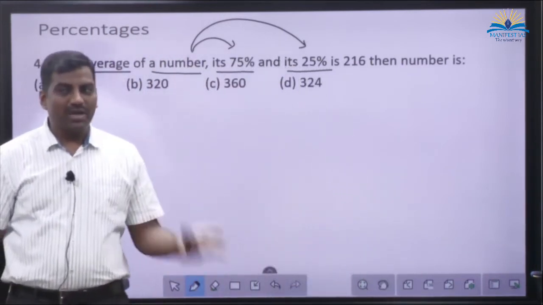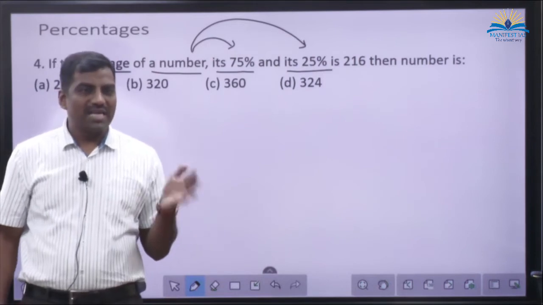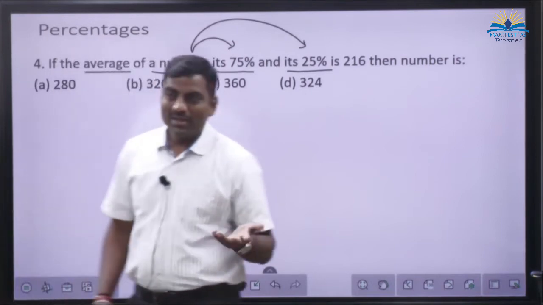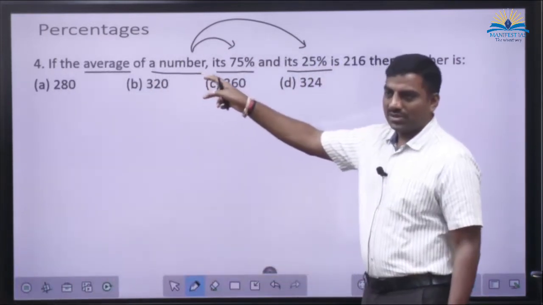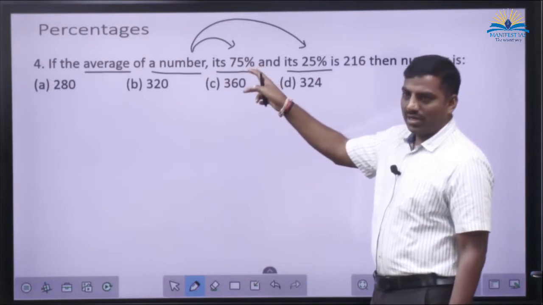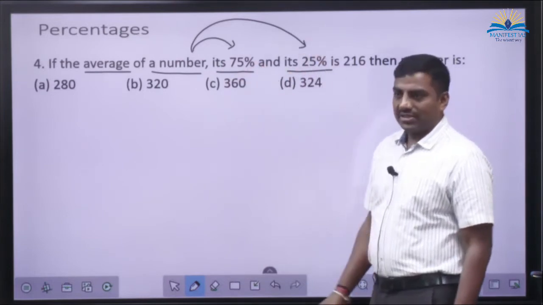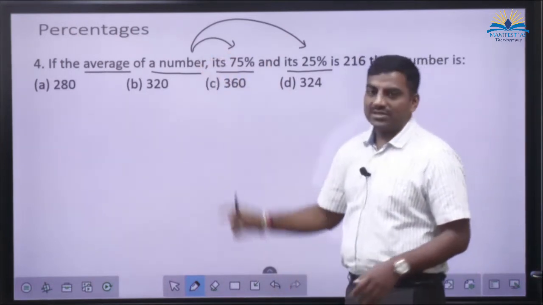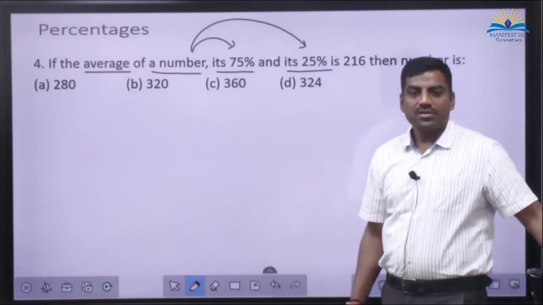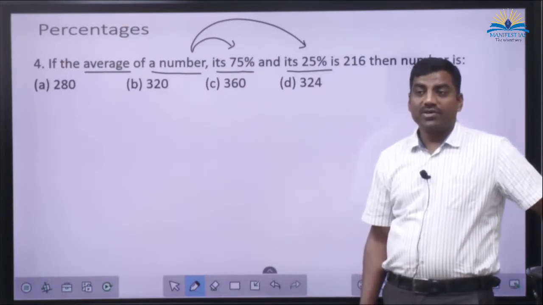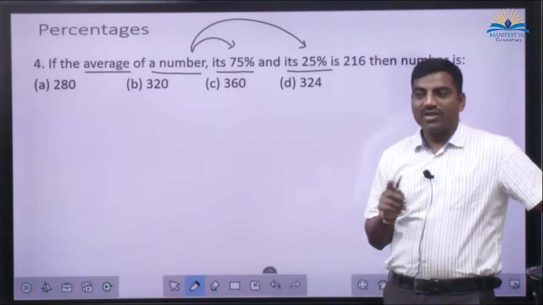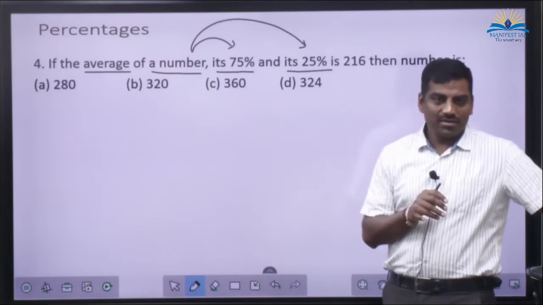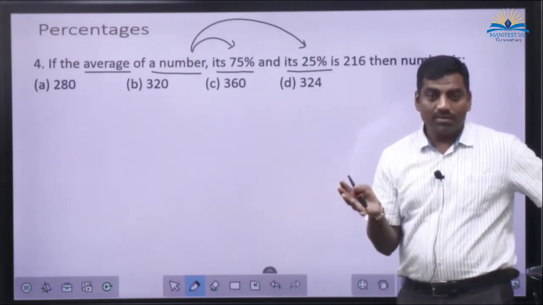If they had given only one number, why the average at all? There should be two or more to calculate average. So the first number is this number, its 75% is another number, its 25% is another. For example, if I take this number as 4, what will be 75% of 4? What will be 25% of 4? 1. So the 3 numbers would have been 4, 3 and 1. We don't know that number yet.